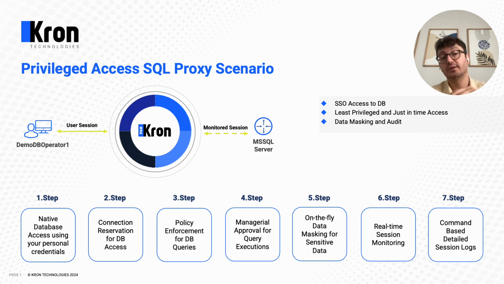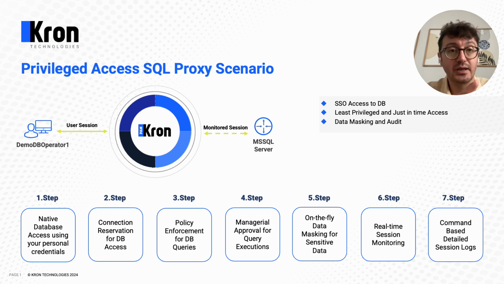In the first step, we'll be seeing access through a native database client. In the second step, we'll be seeing a connection reservation, since I blocked the direct access to the target system. Then we'll be seeing policy enforcement by queries, like blacklists, whitelists, and a manual approval workflow.